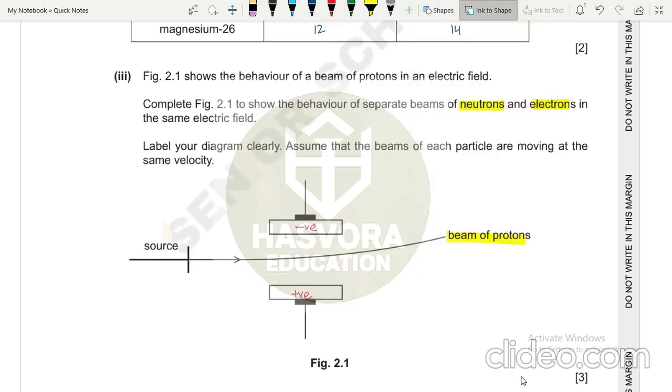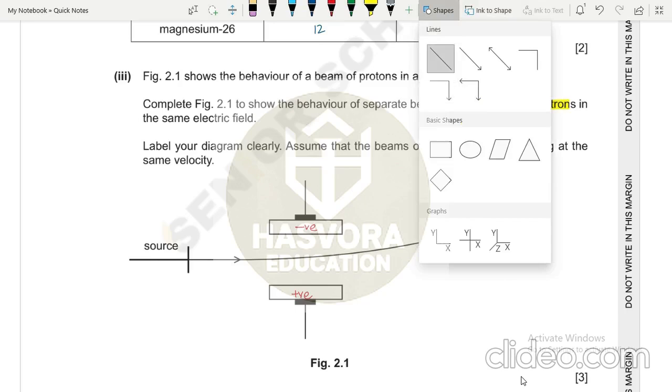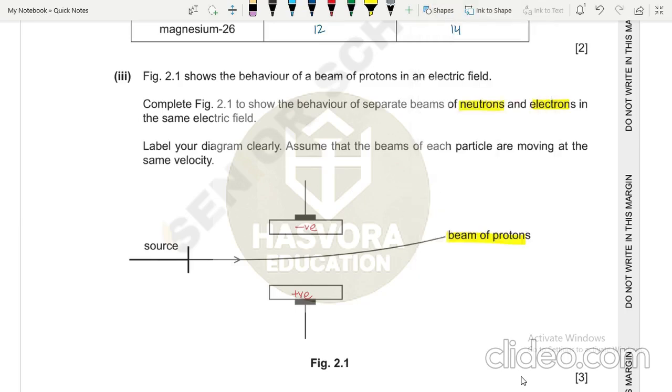Let me just remove this. Okay, so how we can draw the beam of neutrons: it will be undeviated because it has no charge. So this is how the beam of protons will look. And then we have the beam of electrons.